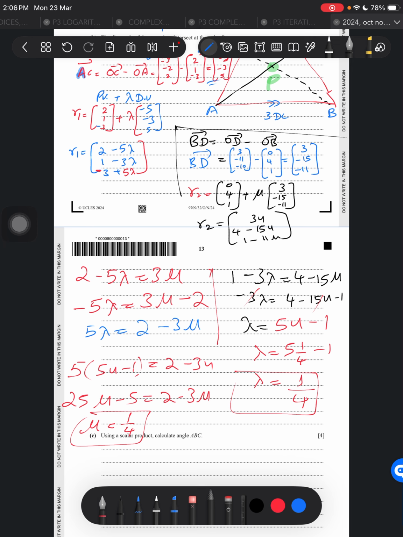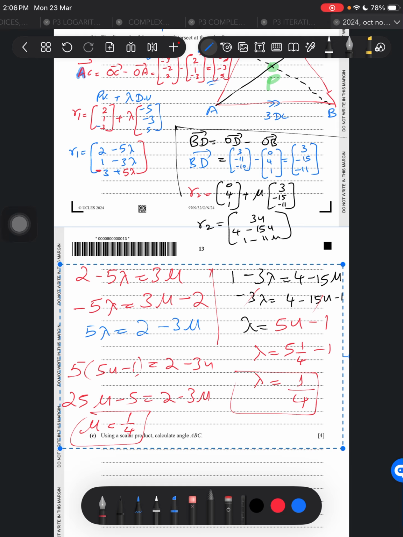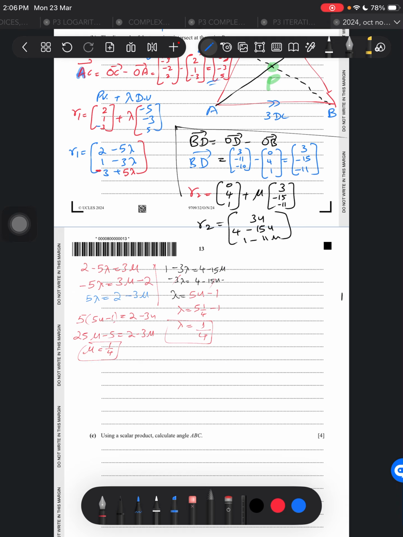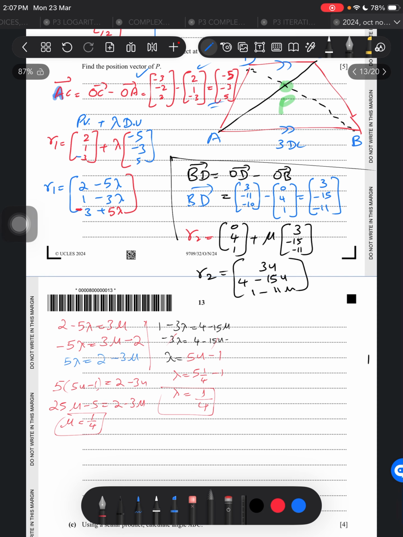Now we have mu and lambda the same, so these can be easily plugged in either equation. Now the equation for the point AC intersection: AC, we know that AC is this line.